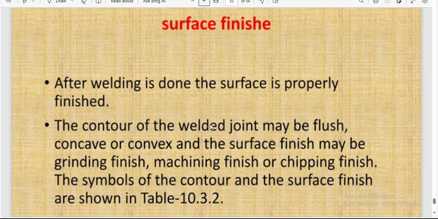The contours of the welded joint may be flush, concave or convex, and the surface finish may be by grinding machine, machining finish, or chipping removal. Chip removing may be by using hammers, by grinders, or by other machining. We should make a shining surface on the product. The symbols of the contour and the surface finish are as shown.